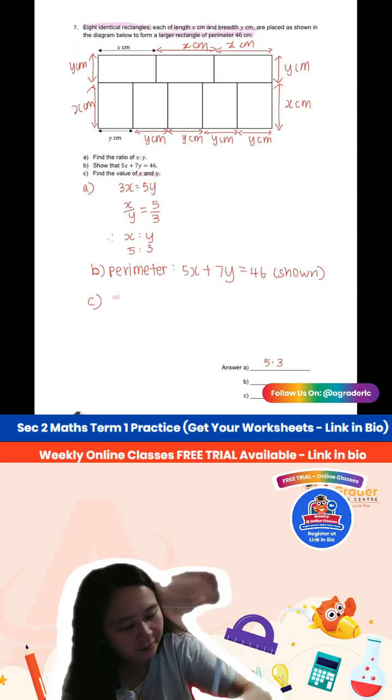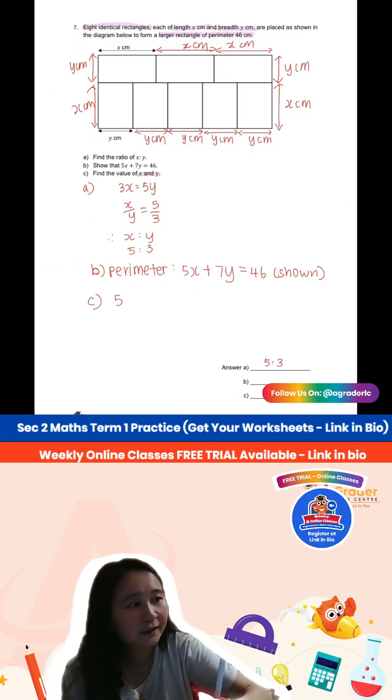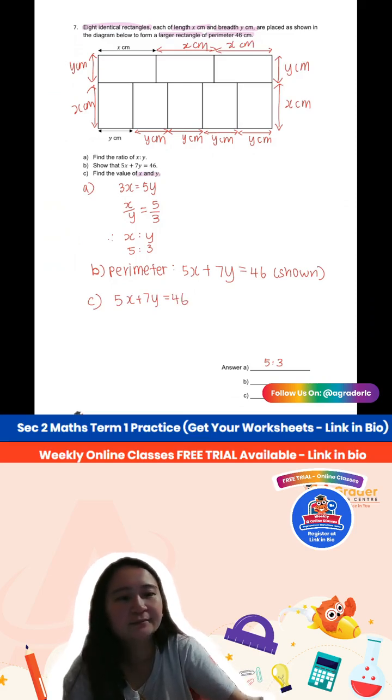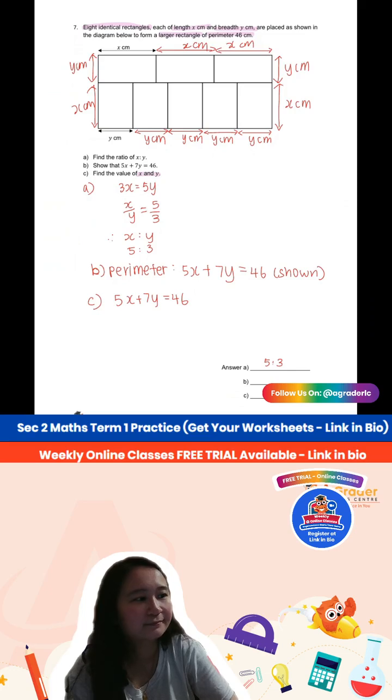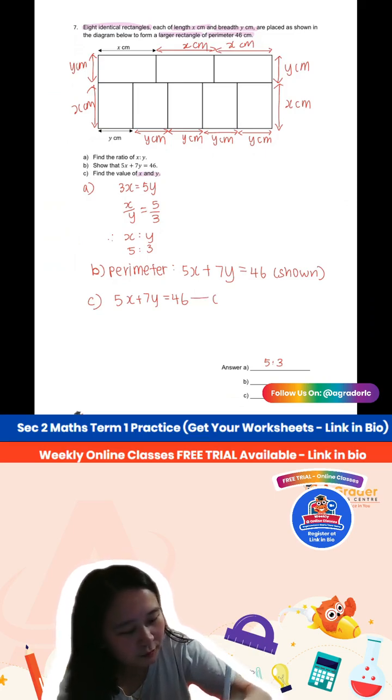You have 5x plus 7y equals 46. And this is your equation 1.